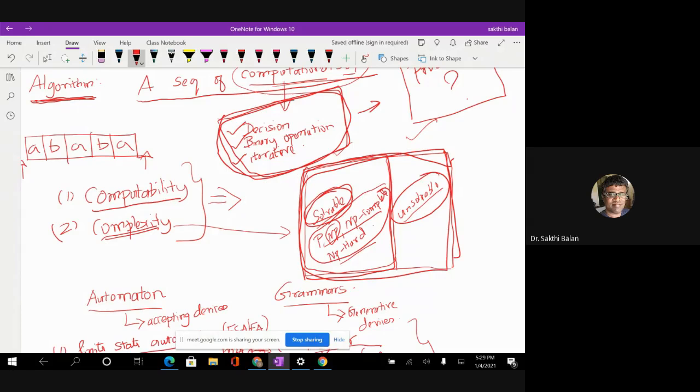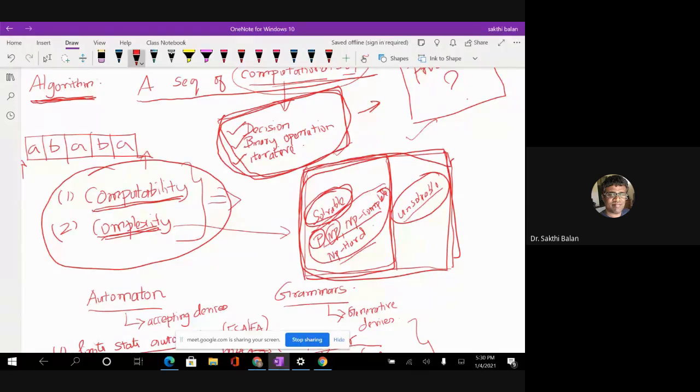The main point of looking at the theory of computation is to address these two questions: what is computability and what is complexity? Computability addresses which problems are solvable and which are unsolvable. Complexity addresses, if the problem is solvable, how efficiently you can solve it.